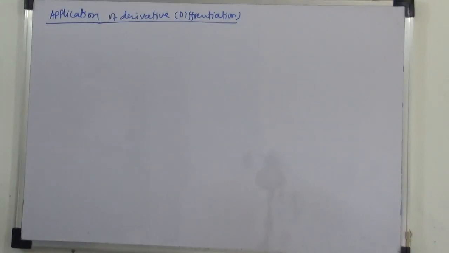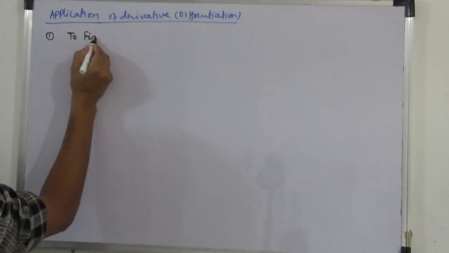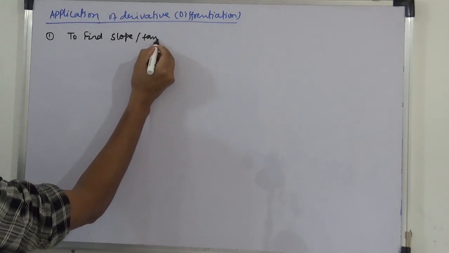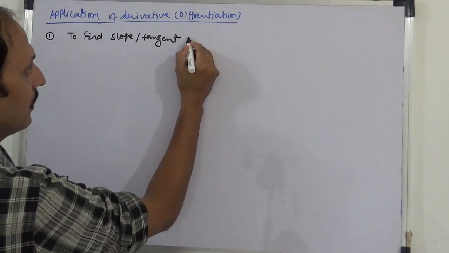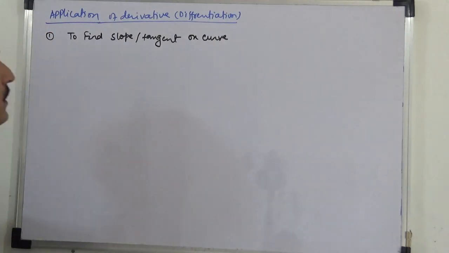Let's say the first application is to find the slope or tangent on a curve. To find slope or tangent on a curve.